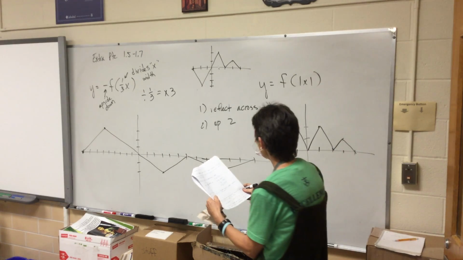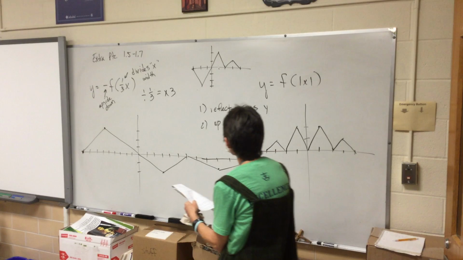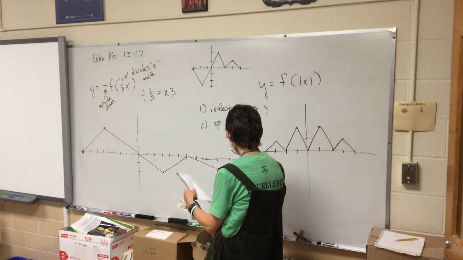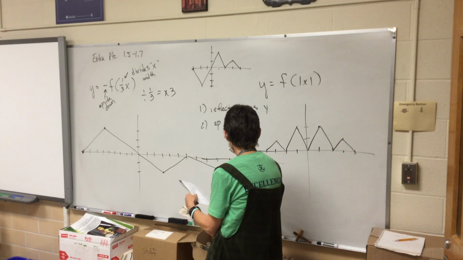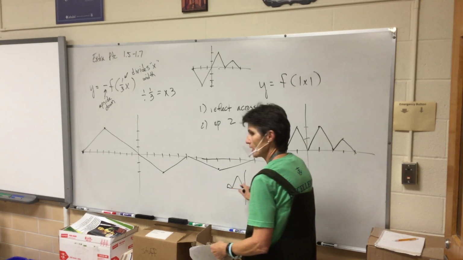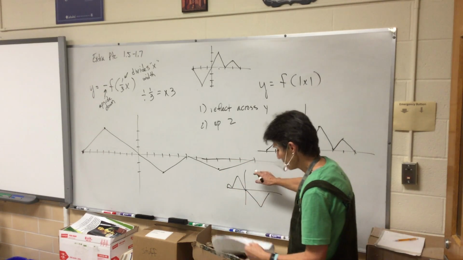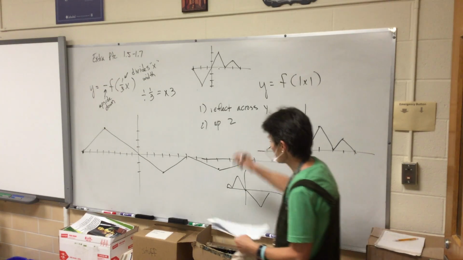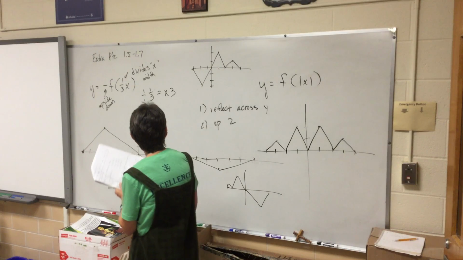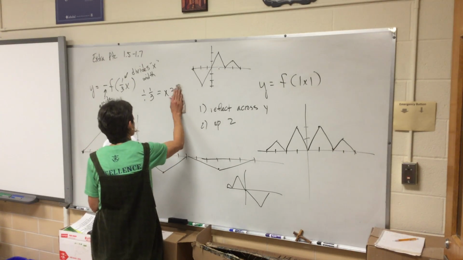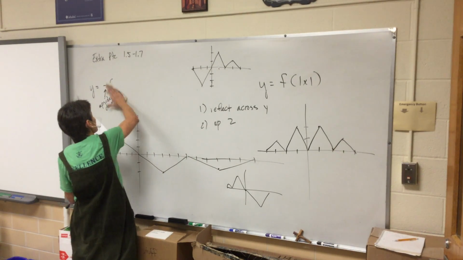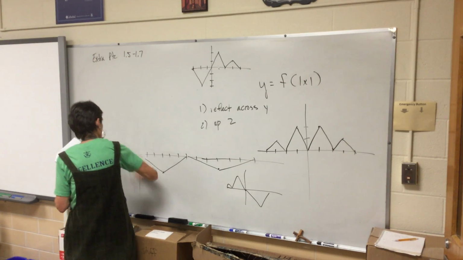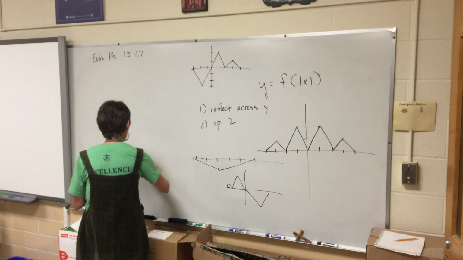Because if I flip it, I'll have this shape. And then if I pick that up 2, won't I have what I have there? I think so. So what's my equation going to look like? It reflects across the y-axis and lifts it up 2.